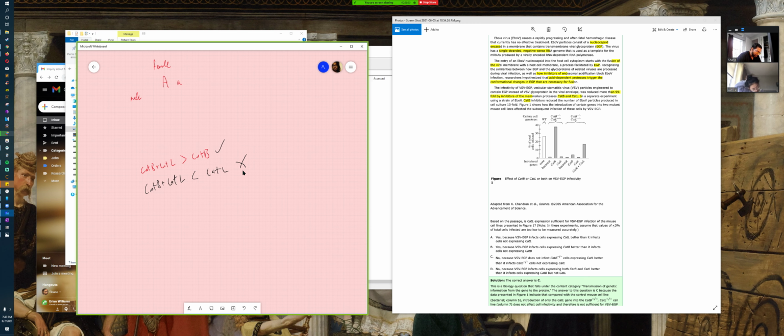Right. So that's D. But what C is saying is that cat B minus plus cat L is not better, so is equivalent to cat B minus, without cat L. Let's see if that's true.